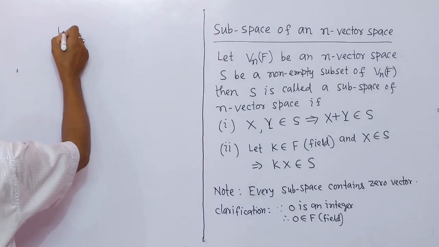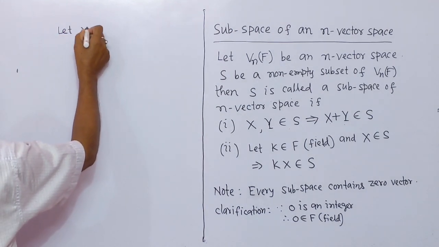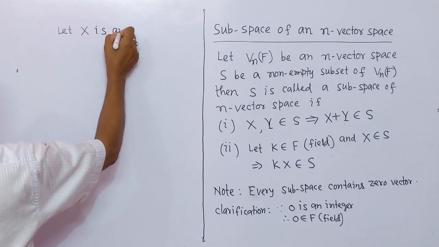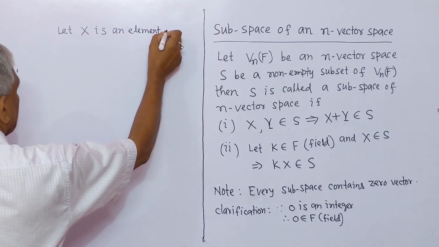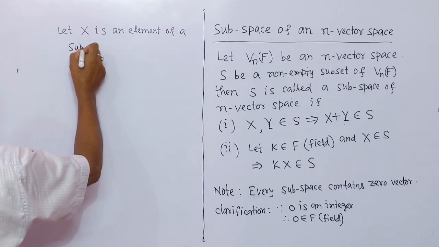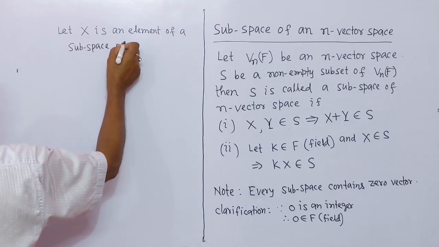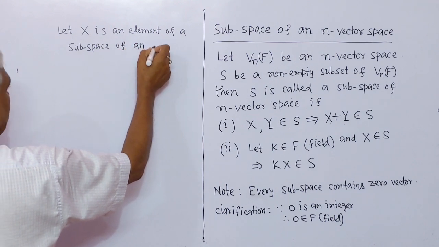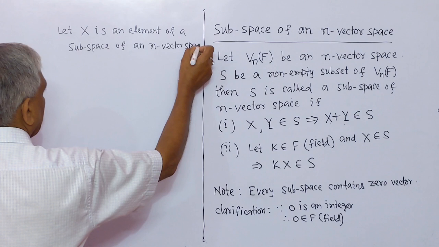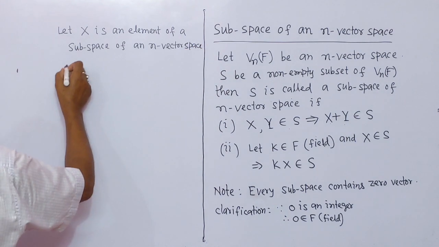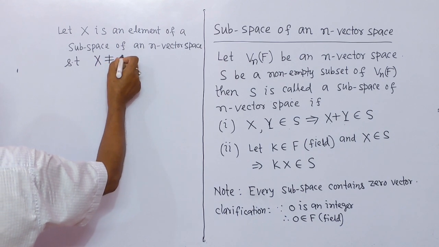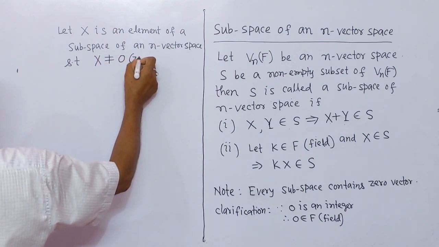Let X is an element of a subspace of an n vector space such that X is not equal to 0. This is 0 vector.